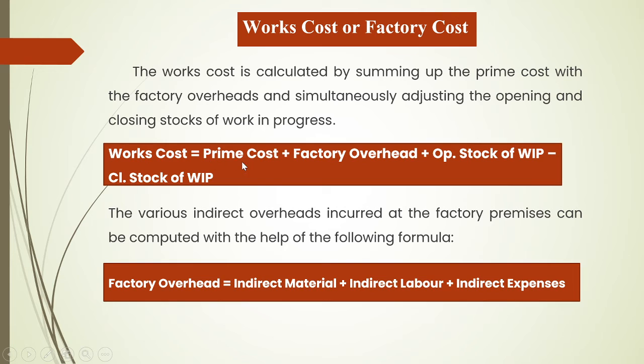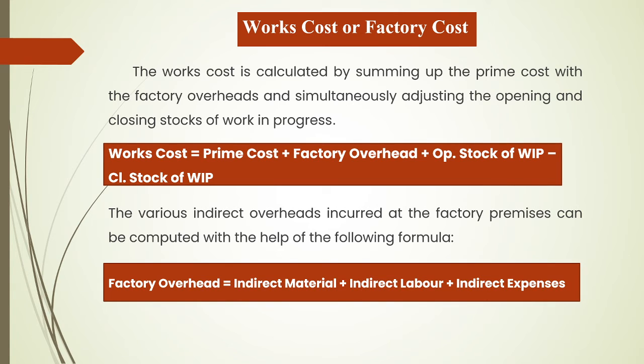Work cost is equal to prime cost plus factory overhead plus opening stock of work in progress minus closing stock of work in progress. The various indirect overheads incurred at the factory premises can be computed with the help of the following formula. Factory overhead is equal to indirect material plus indirect labor plus indirect expenses.